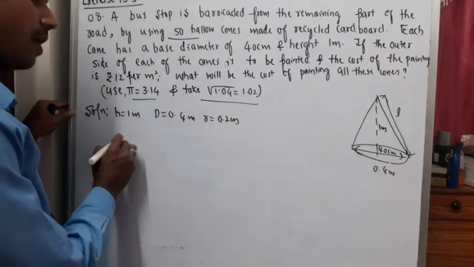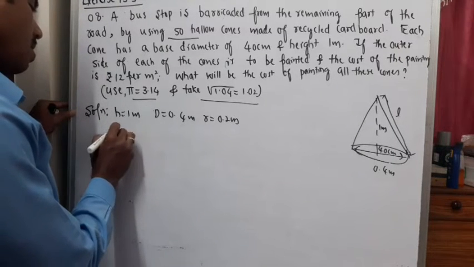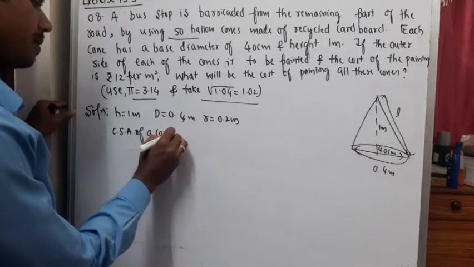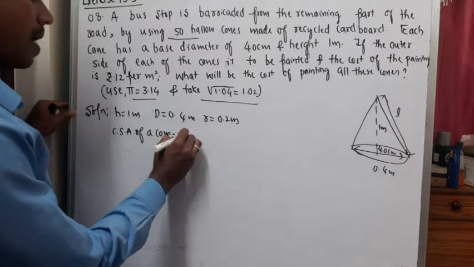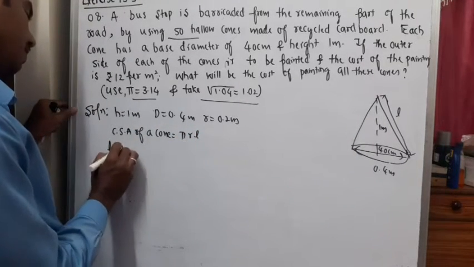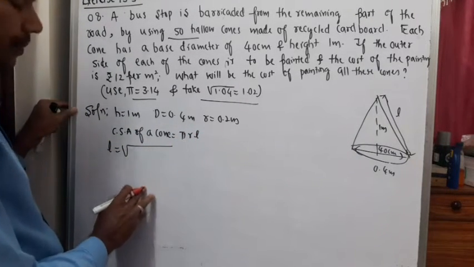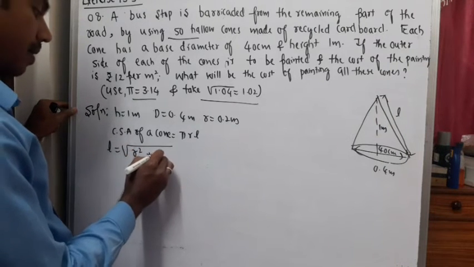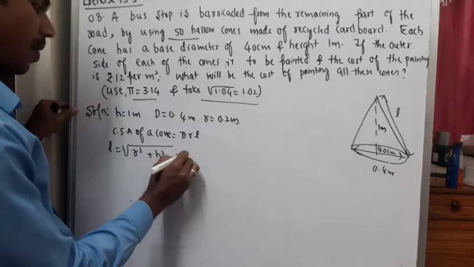What is the formula? The curved surface area of a cone is equal to pi R L, but we need L. L is equal to square root of R square plus H square.